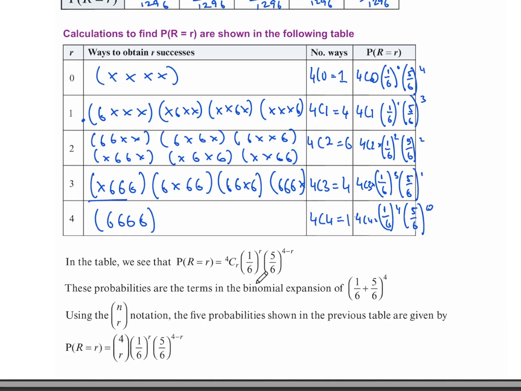And these probabilities are exactly the terms that are in the binomial expansion of 1 over 6 plus 5 over 6 power 4, if you remember the topic from Pure 1. And using this other notation for your combinations, this just ends up becoming the probability of your random variable equaling either 0, 1, 2, 3, or 4, which are values denoted by small letter r.